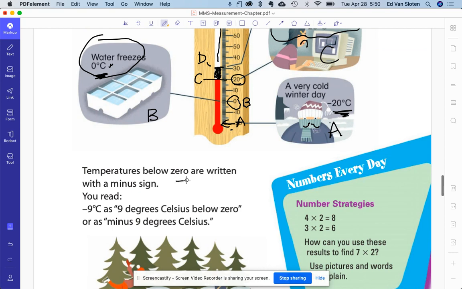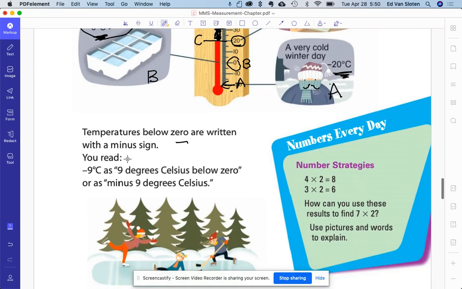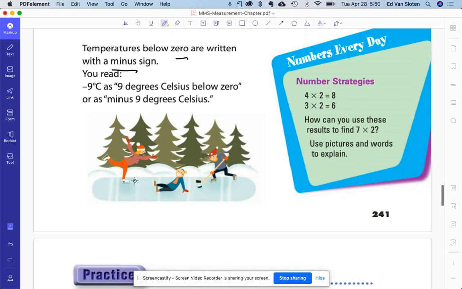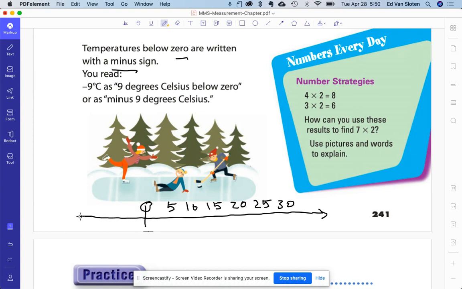Temperatures below 0 are written with a minus sign. I'm going to tell you, boys and girls, about a whole new world. You've learned for years and years to start at 0 and skip count 5, 10, 15, 20, 25, 30. Guess what? There are numbers on the other side.